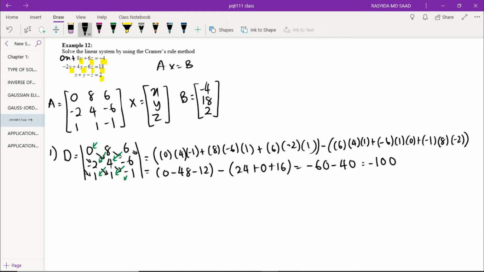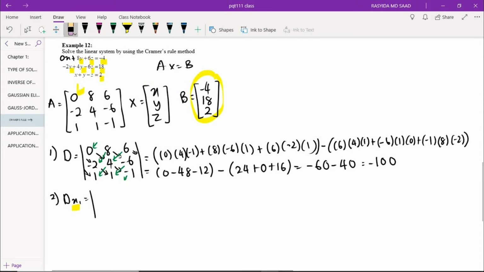And after that, we need to find the determinant of Dx1. Remember for Dx1, since we want to find x1, you need to substitute the values of matrix B into the first column.